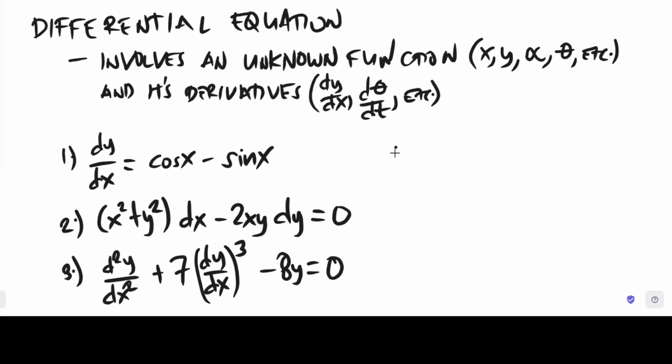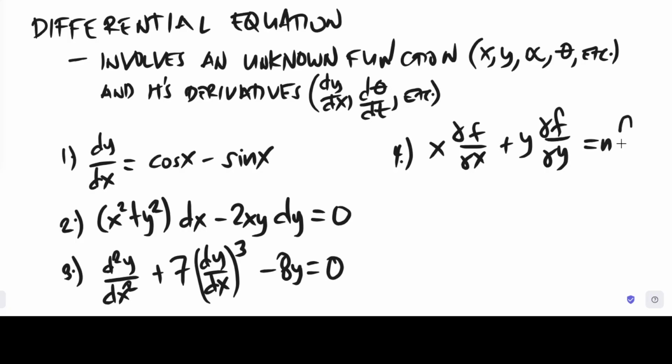So another example, we have here x times the partial derivative of f in terms of x, plus y times the partial derivative of f in terms of y, is equal to n times f. So we have here f and its derivative in the same equation, y and its derivative, x and its derivative in the same equation.